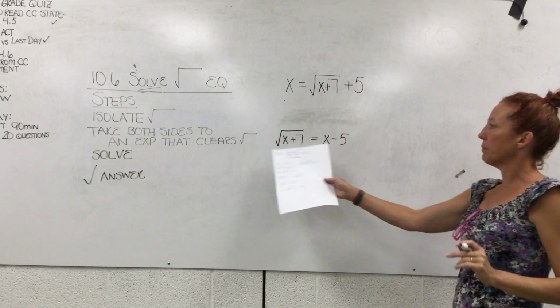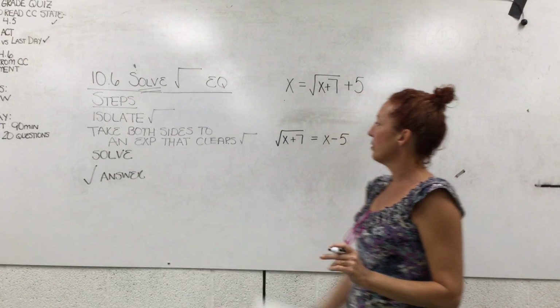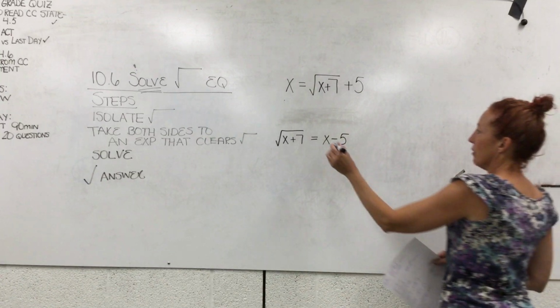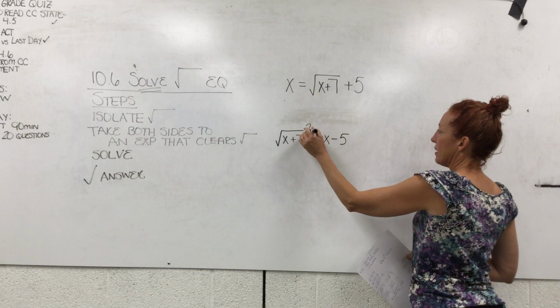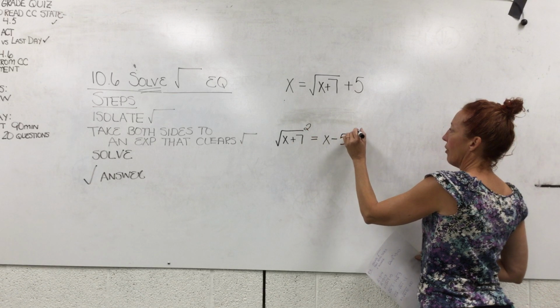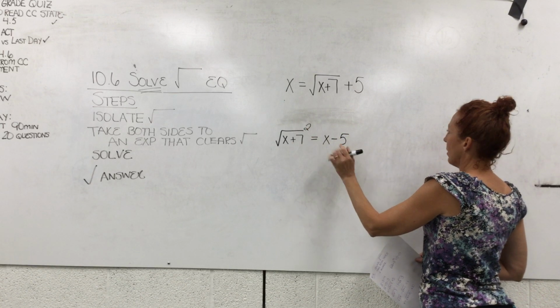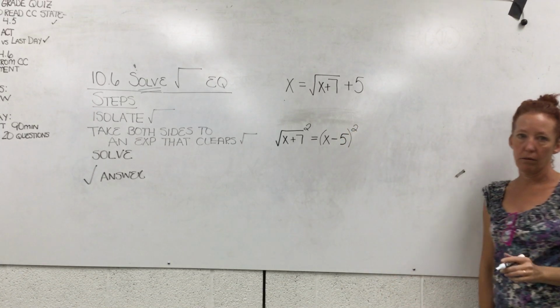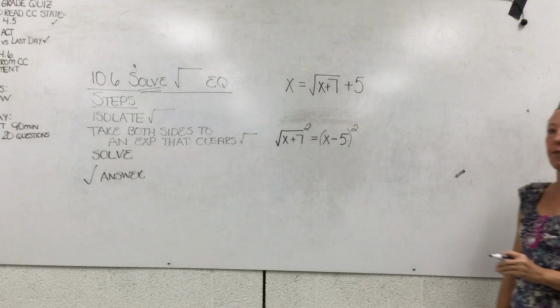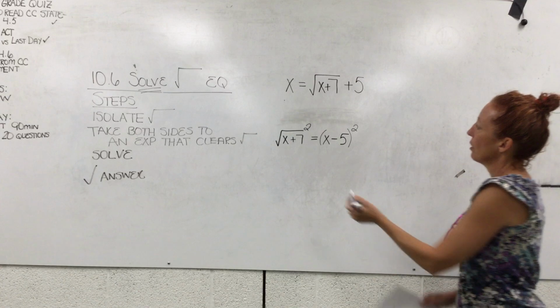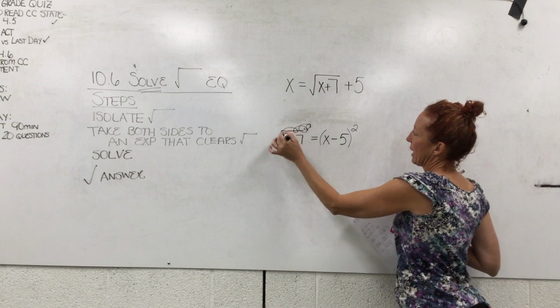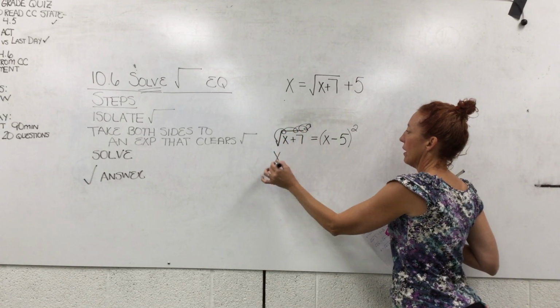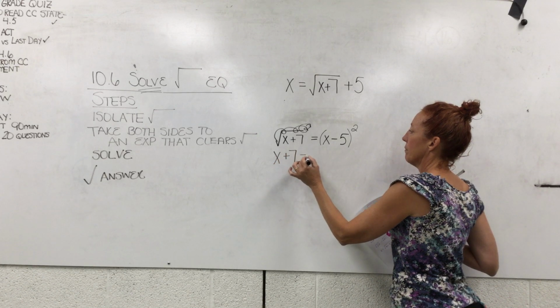All right, so now step 2, take both sides to an exponent that clears the radical. So I'm going to square this side, and I'm going to square this side. You're not just squaring the 5, you are squaring that whole thing. So be very careful there. So on the left, this is going to cancel this out, and you're going to end up with x plus 7.